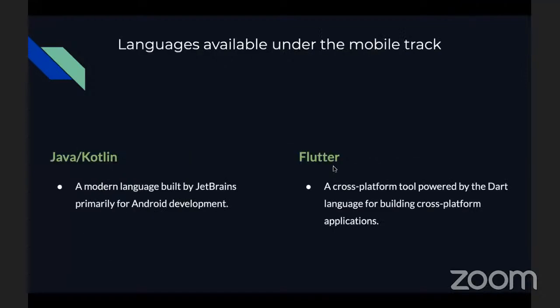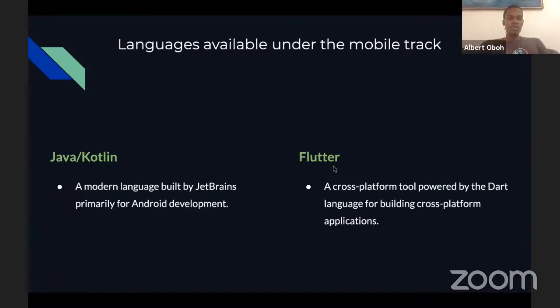The languages available for the training are split into two: the Java or Kotlin track and the Flutter track. The Java and Kotlin track is for native development. We're going to be learning Java first, and then smoothly transition into Kotlin, but with more emphasis on Kotlin.